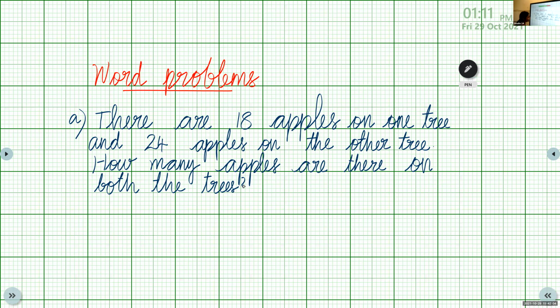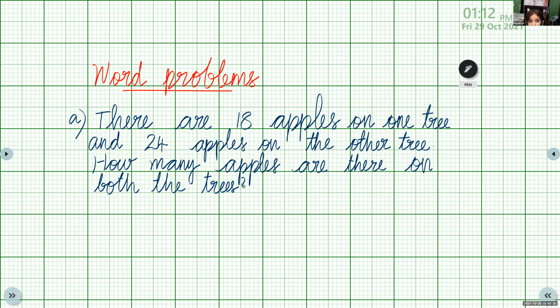So all of you understood the meaning of the problem? It's very simple language. That means how many apples are there in total?